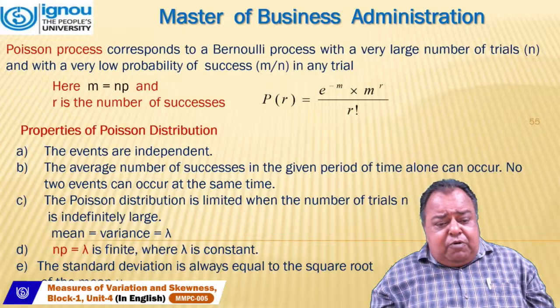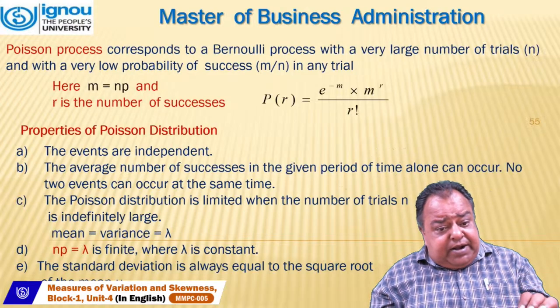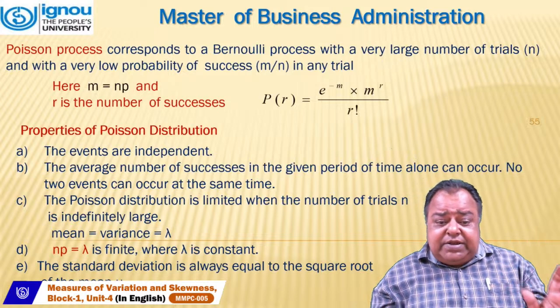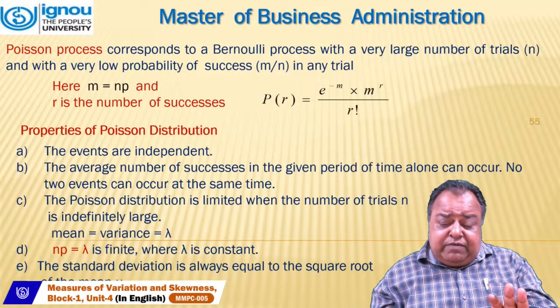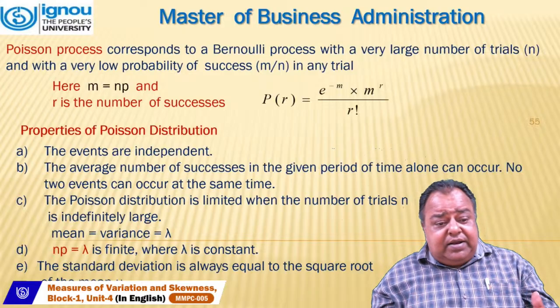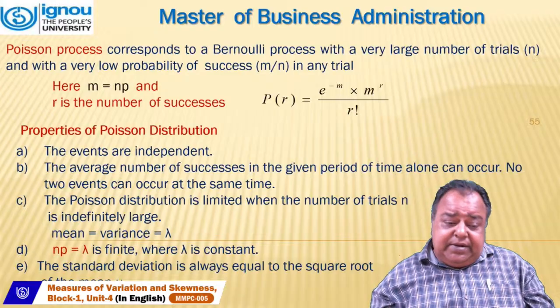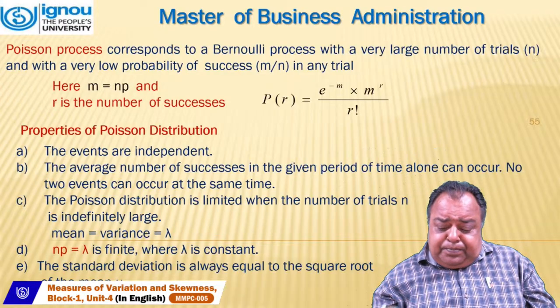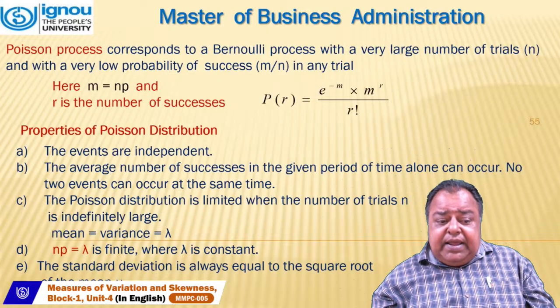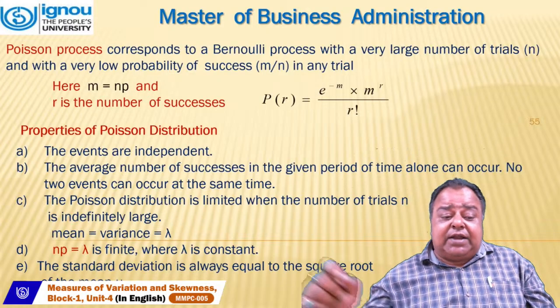What are the properties of Poisson distribution? The events are independent. The average number of successes in a given period of time alone can occur. No two events can occur at the same time. The Poisson distribution is a limiting case when the number of trials n is indefinitely large.